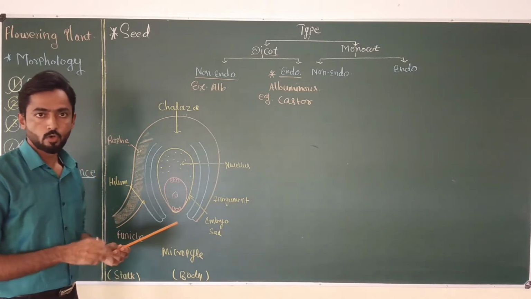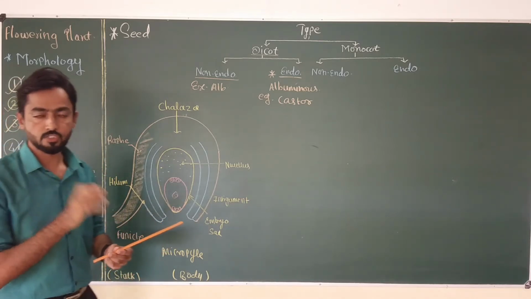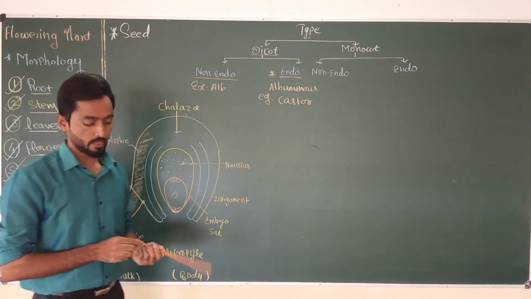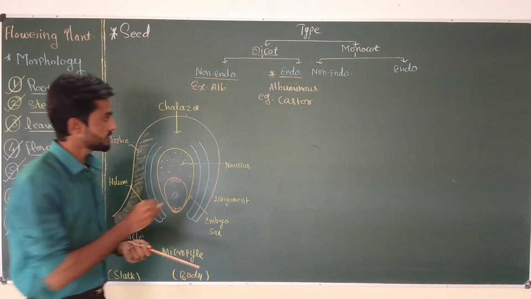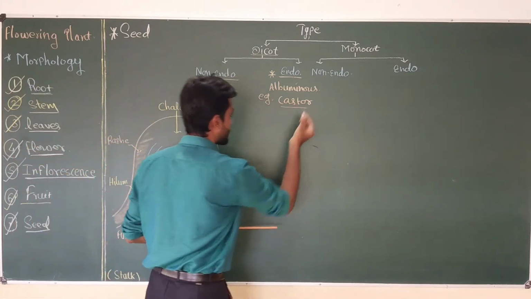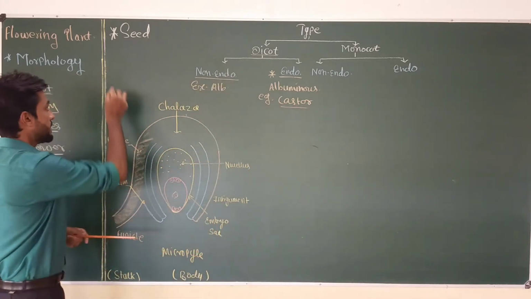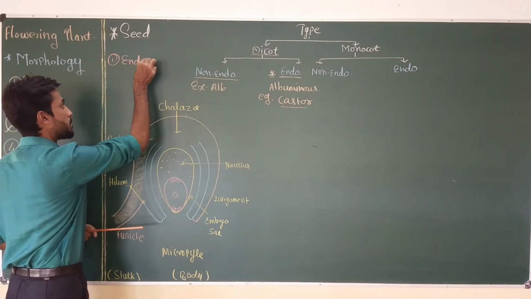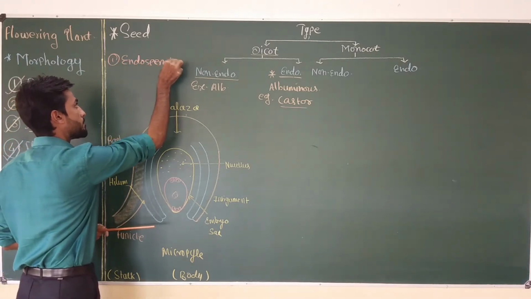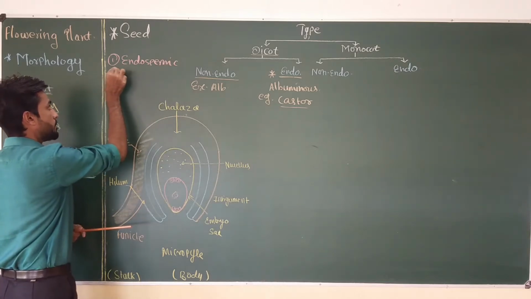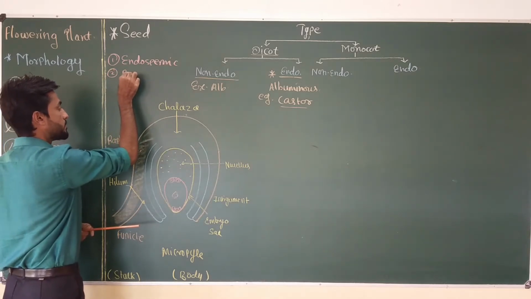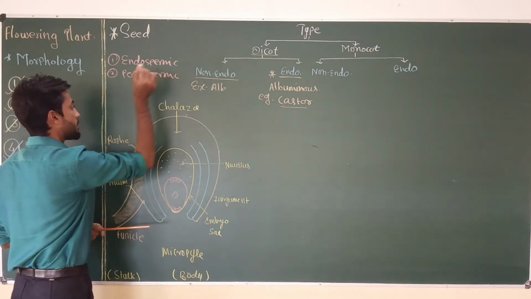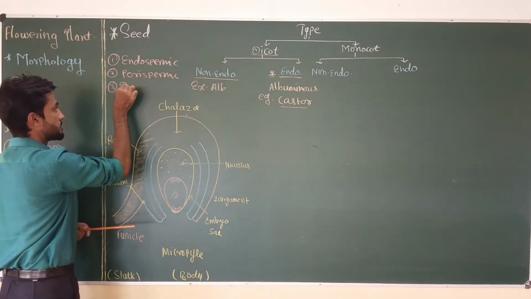Now in this video, we are going to talk about the external as well as internal features of the castor seed. Okay, so when we discuss castor seed, we have to remember that it is endospermic, then perispermic, and dicotyledonous seed.